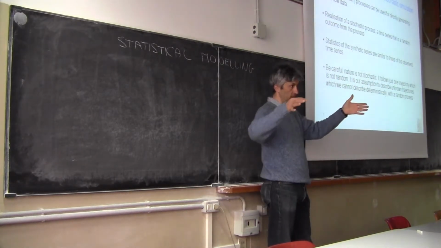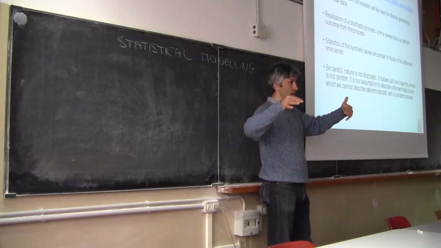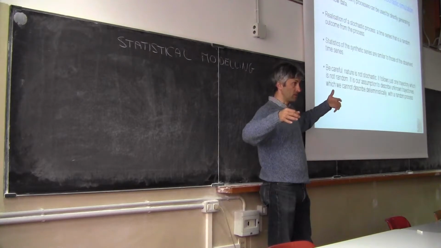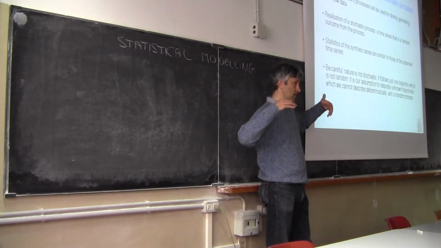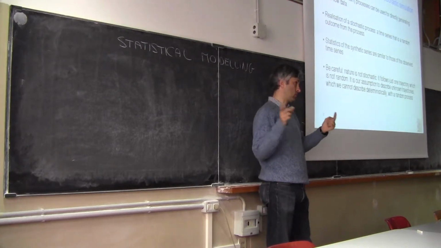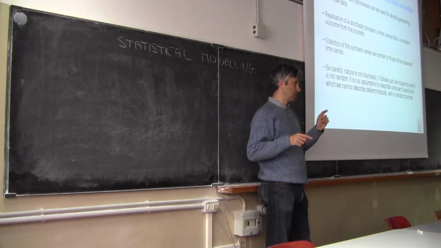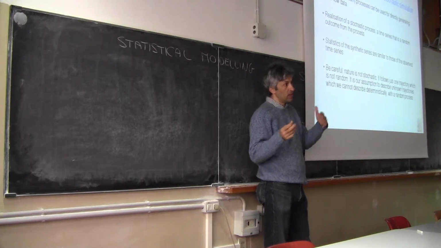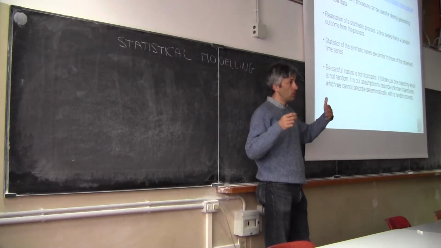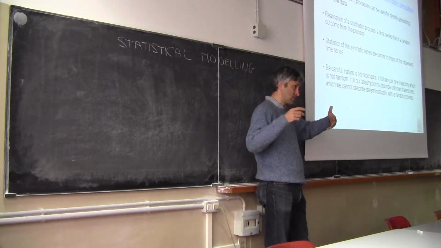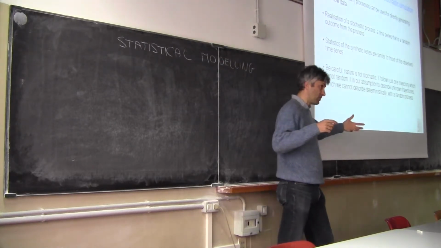When you get your synthetic data, the memory of the data must be well reproduced. So one needs to analyze the memory of observed data and reproduce it. And the second issue is, of course, the characteristics of the extremes, including droughts and floods.